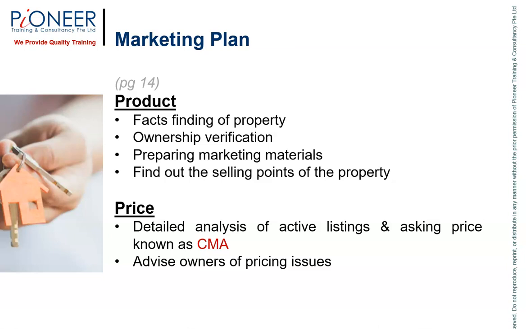So for the product, the salesperson is expected to fact find as much details about the property as possible, verify the ownership, and to prepare the marketing materials for the promotion, and to find out the selling point of the property. What about price?